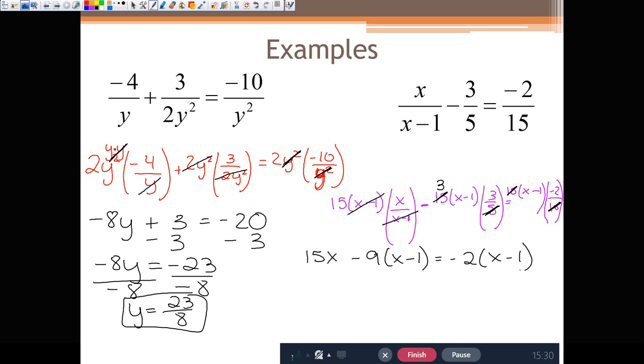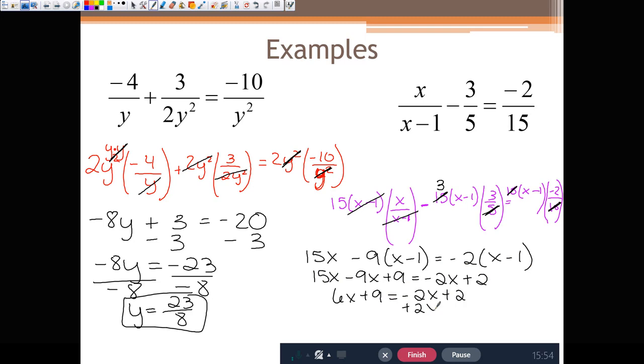And this is like a traditional solving an equations problem where I'm going to distribute and then solve. So I'll get negative 9x plus 9 equals negative 2x plus 2. Combining like terms here, I'm going to get 6x plus 9 equals negative 2x plus 2.